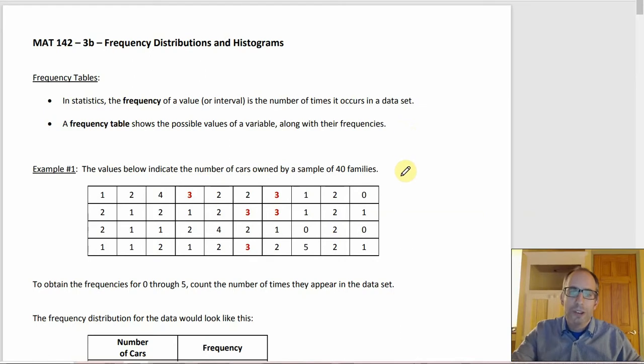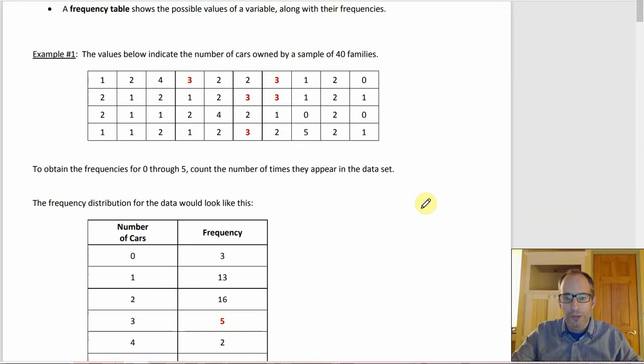And that's exactly what we're going to end up with here. So with this first example, where here's our data set, the number of cars owned by a sample of 40 families, so there are 40 numbers in here. The reason that the 3s are in brick red and bold is just to tie those 3s to this 5 right here, which is also in brick red and bold.